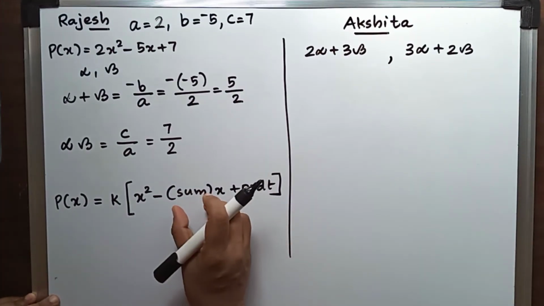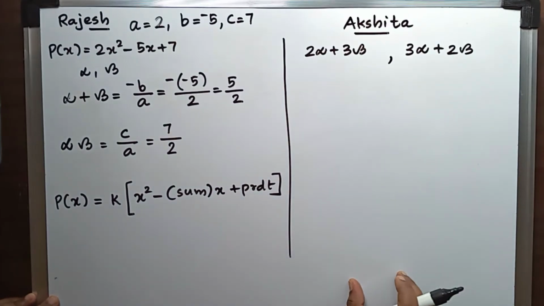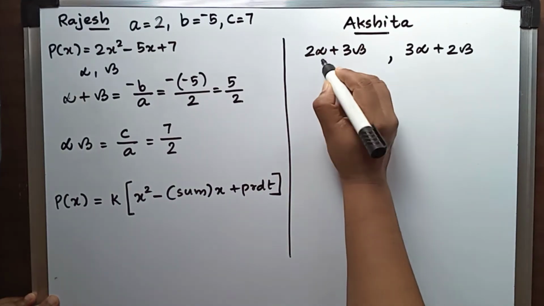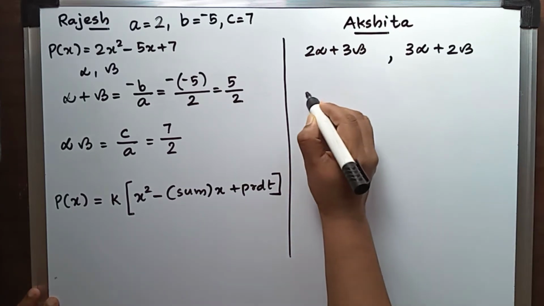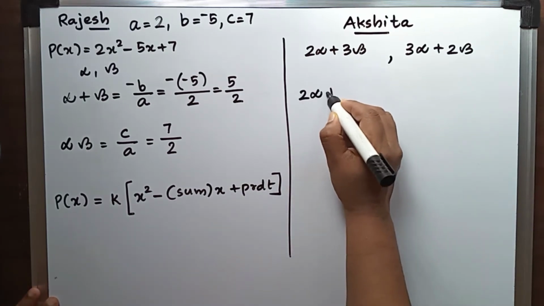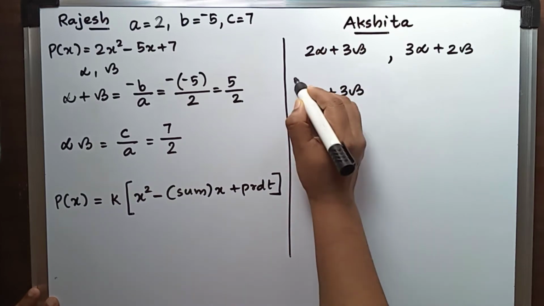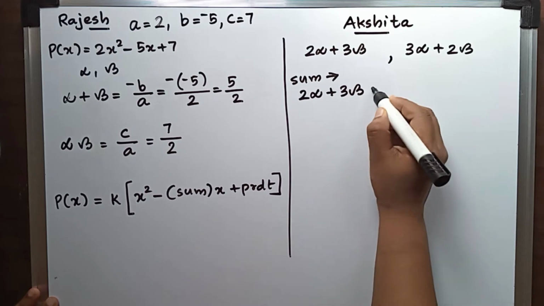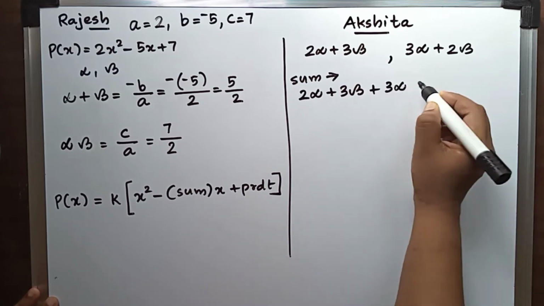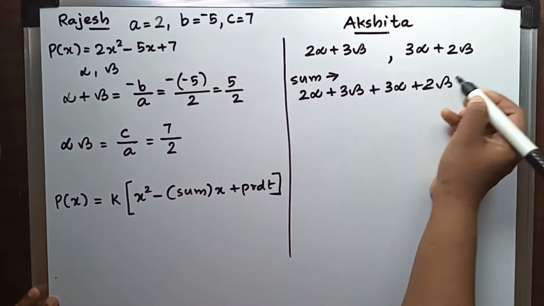That means we have to find the sum of the zeros of this polynomial. Okay, here the sum of the zeros means these two are the zeros of the polynomial. So we are going to just add it. This is the sum of zeros of the polynomial. Okay, 2 alpha plus 3 beta plus 3 alpha plus 2 beta. See?